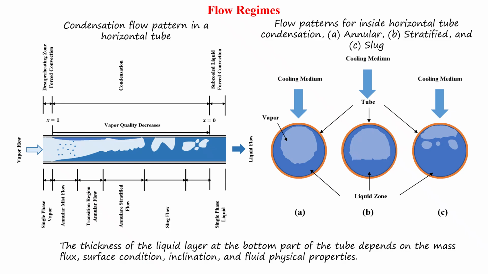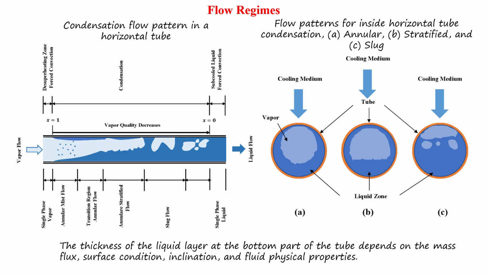In the case of a condensation stratified flow, as shown in part B of this figure, a certain thickness of the condensate layer is built at the bottom of the tube due to the gravitational force, and a thin liquid layer adjacent to the wall at the upper part, as shown in this illustration.